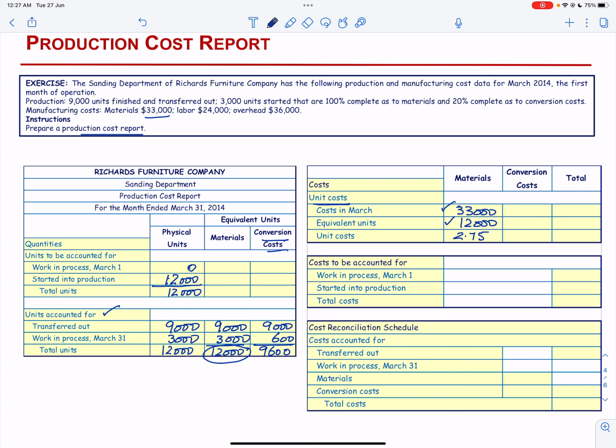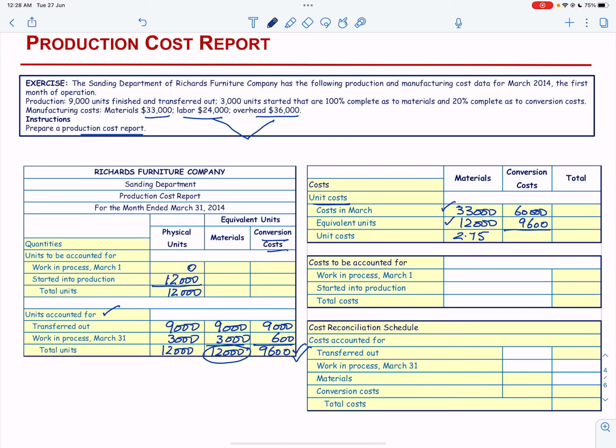Then the conversion cost will be, as it is given over here, the labor and the overhead. So 24 plus 36 is 60,000. And the equivalent units that we have just now calculated is 9,600.